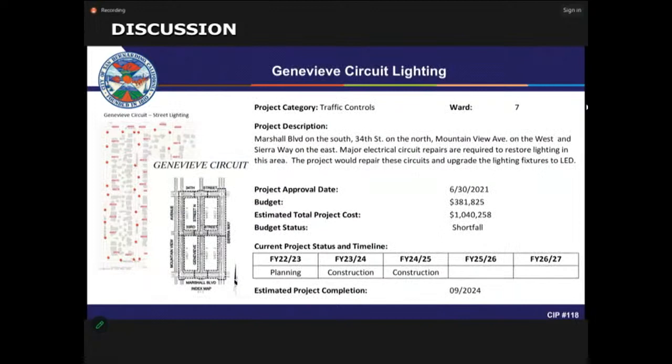This is the Genevieve Circuit lighting project, and as you know, the area encompasses Marshall, 34th, Mountain View, and Sierra Way. This neighborhood has been dark for a long time. Due to the high voltage, every time we go and repair the circuit, it burns the existing wires and the cabling.